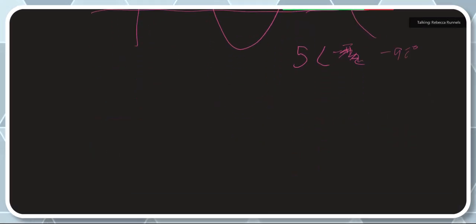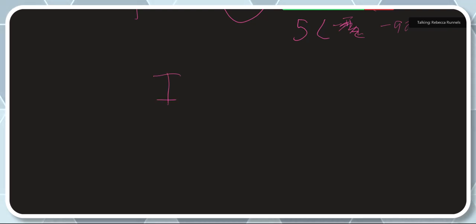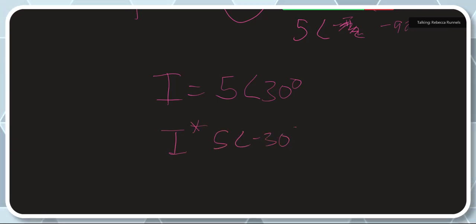So what the conjugate means is if the current is 5 angle 30 degrees, then the conjugate is 5 angle negative 30 degrees. Or if you have this in rectangular form, if I had I equals 3 plus J4, the conjugate, I conjugate, would be 3 minus J4.